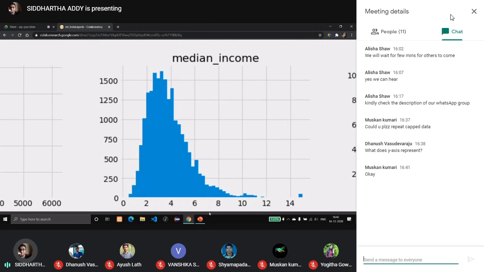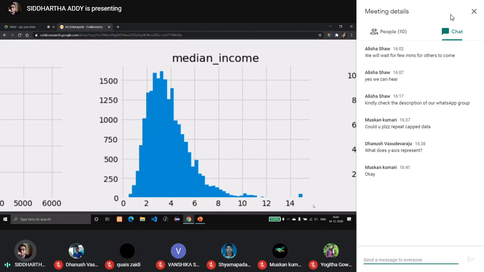Let us imagine two means $2,000 and six means $6,000. So most of the people's income is between 2,000 and 6,000. And as we go higher, to 14,000, 15,000, the number of people grows less.